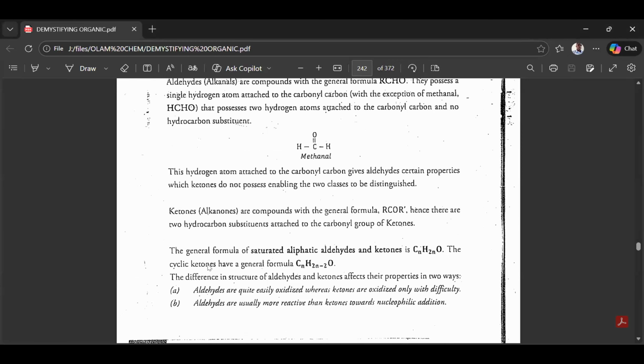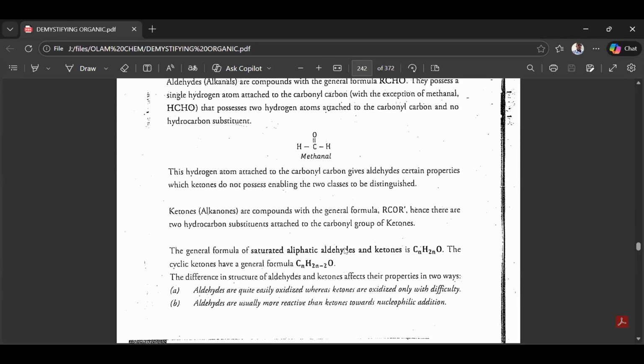But if you want the formula for cyclic ketones, that one is reduced by 2 hydrogen atoms: CnH2n-2O. But if it is just aldehydes or ketones, it is CnH2nO. So those formulas, you still have them. We talked about them at first.